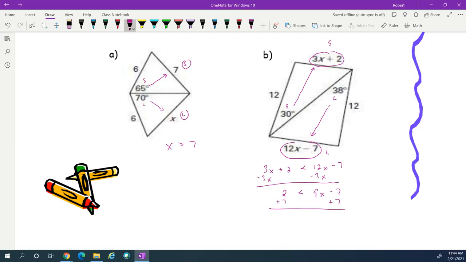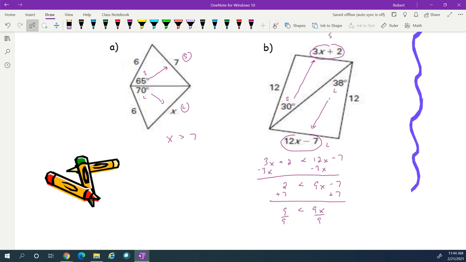So the way you solve might affect that, or it might not. In this case, 1 is less than x, or we can flip it to say x is greater than 1. The only difference with an inequality is if I multiplied or divided by a negative, I would have to flip the inequality symbol.